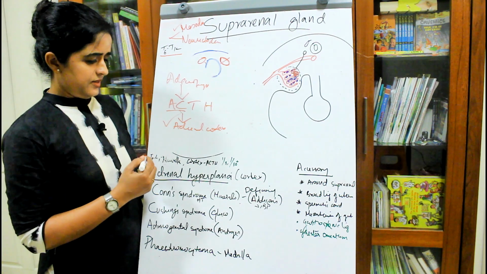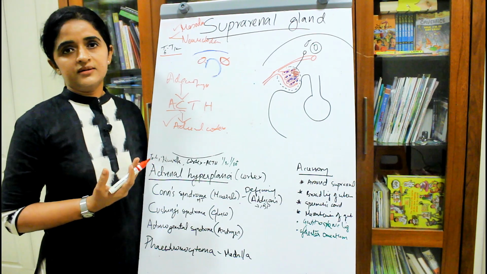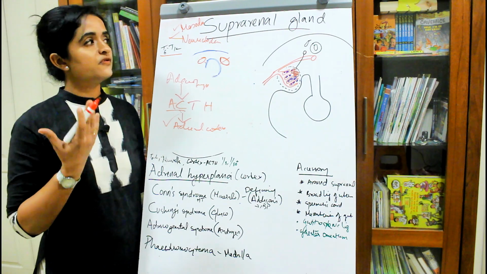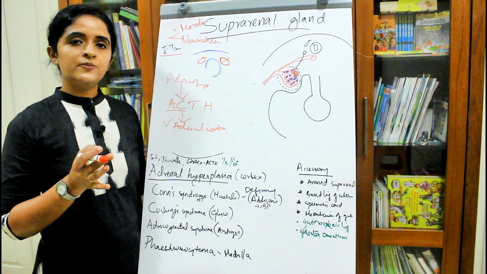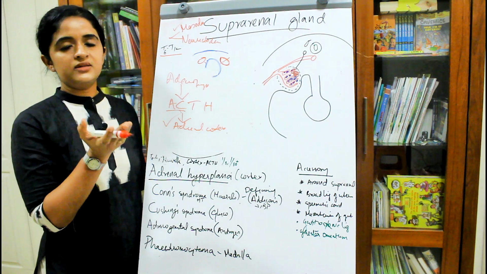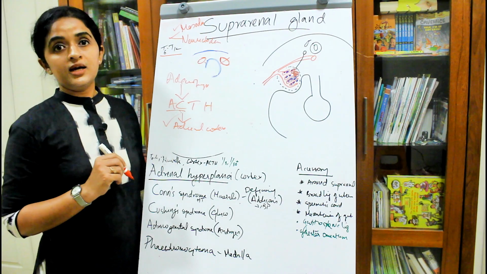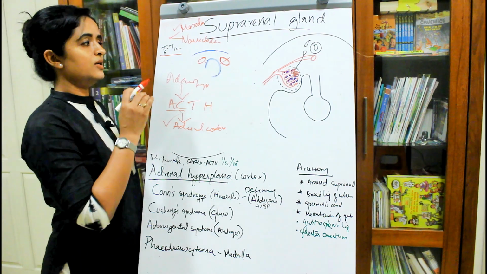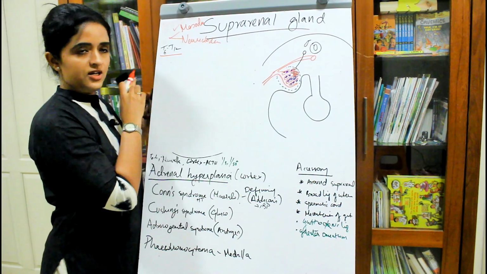Now let's discuss the applied aspects of the defects of the development of the suprarenal gland. We can discuss the defects of the adrenal cortex as well as the defects occurring in the adrenal medulla. What are the defects occurring in the adrenal cortex? We know that there are mainly 3 layers in the adrenal cortex.